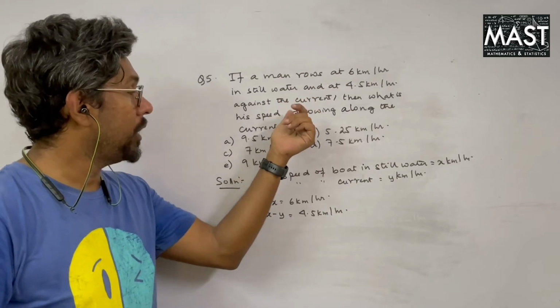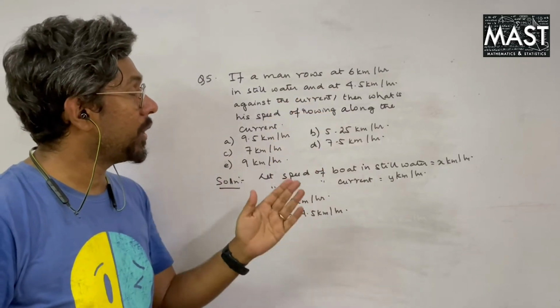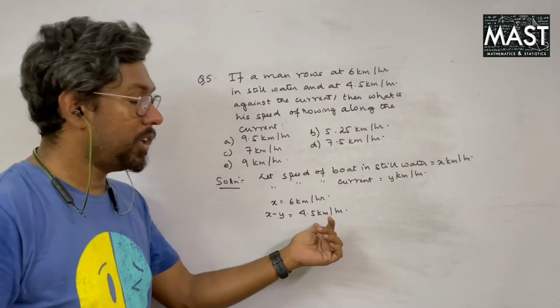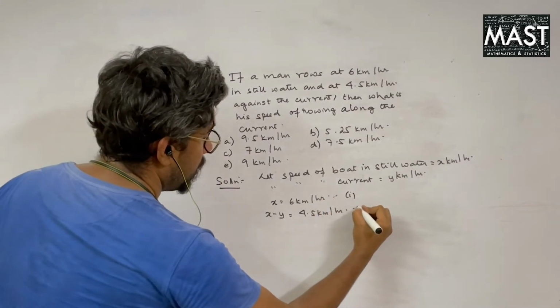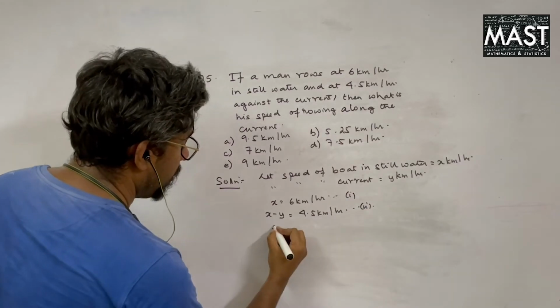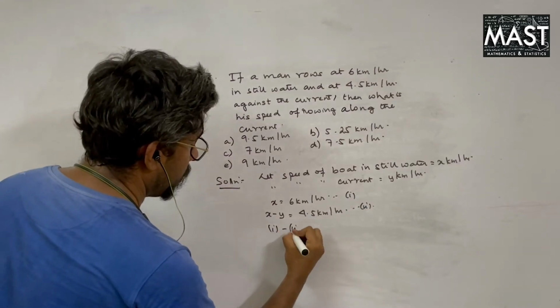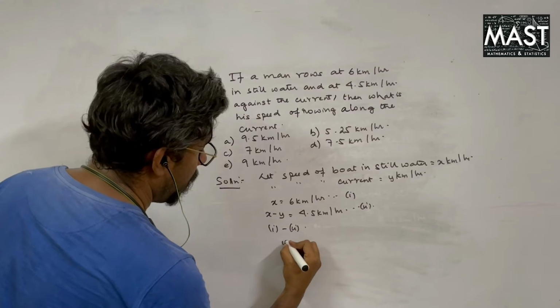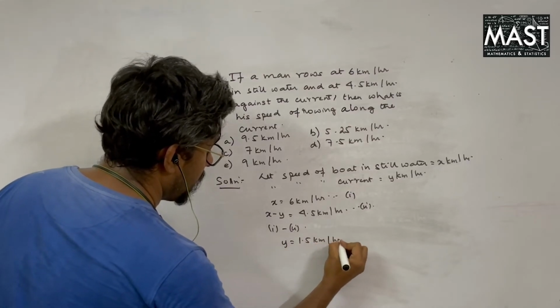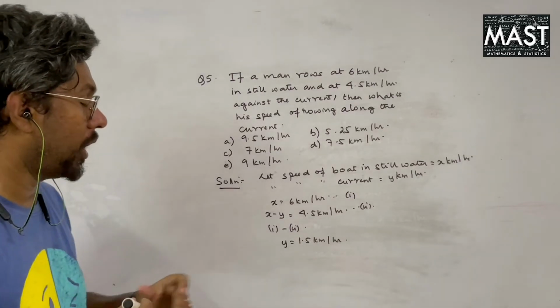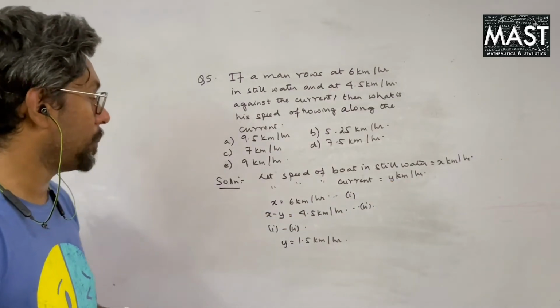Because when he is moving against the current, that is when he is moving upstream, the speed is 4.5 kilometer per hour. So this is equation 1, this is equation 2. If we subtract 1 minus 2, we will get y equals 1.5 kilometer per hour. That means the speed of the current is 1.5 kilometer per hour.